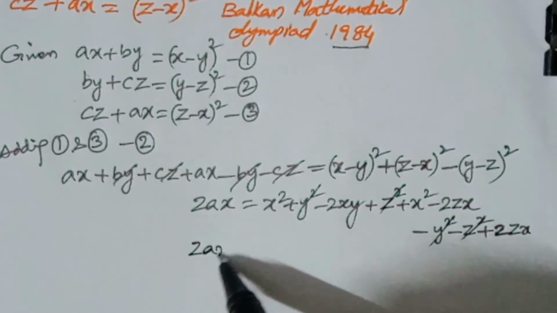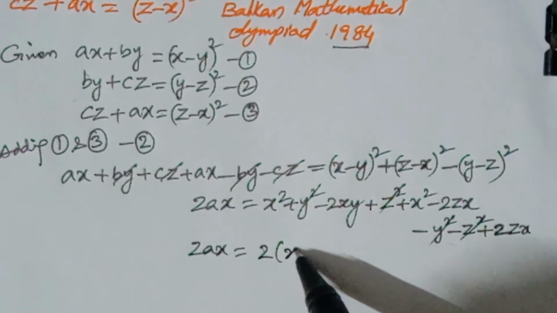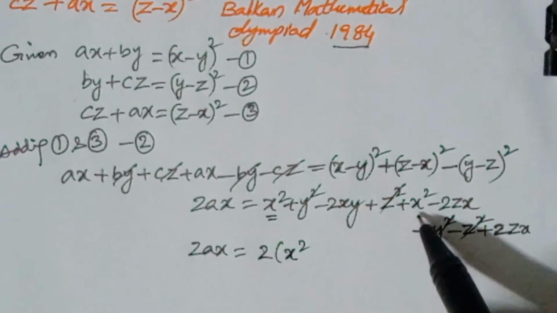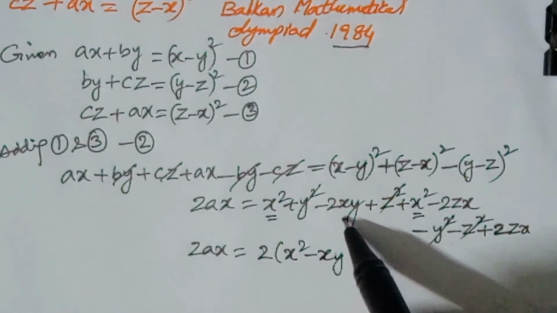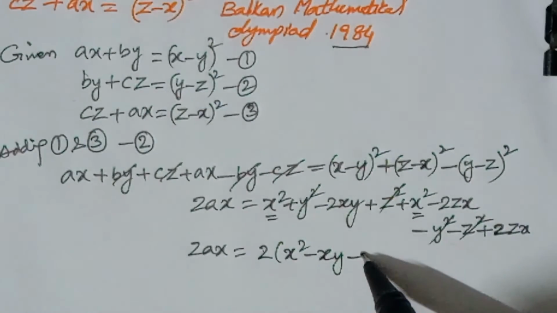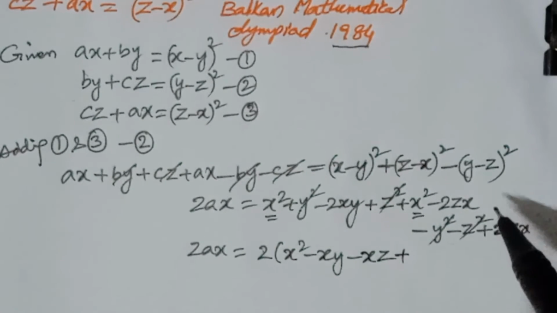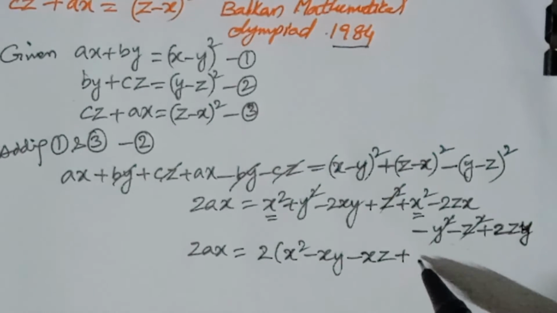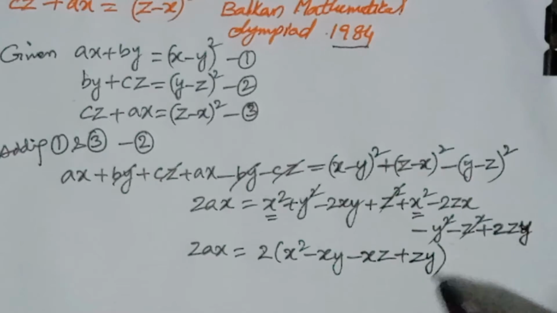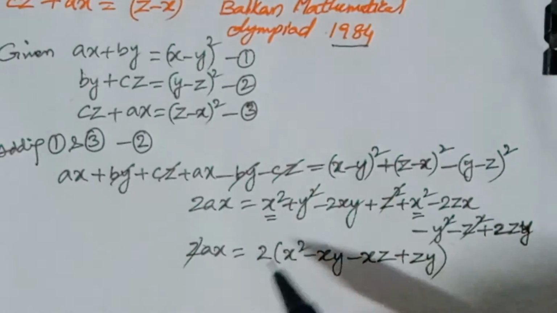So now 2ax is equal to 2 into x square minus xy minus xz plus zy. Here 2 is taken common, so 2 gets cancelled.